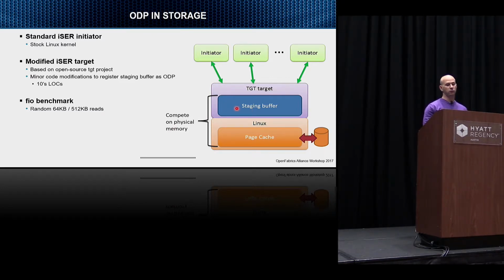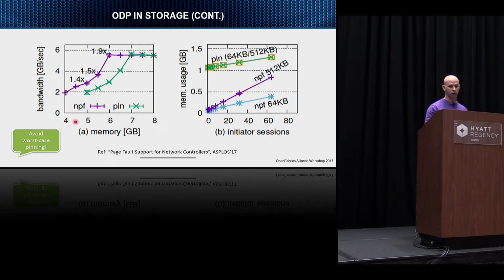The changes we needed to make to the target were like 10, 20 lines of code, just getting that staging buffer registered as a demand paging memory region. And we tested it with the FIO benchmark using both 64K and half a meg random reads.